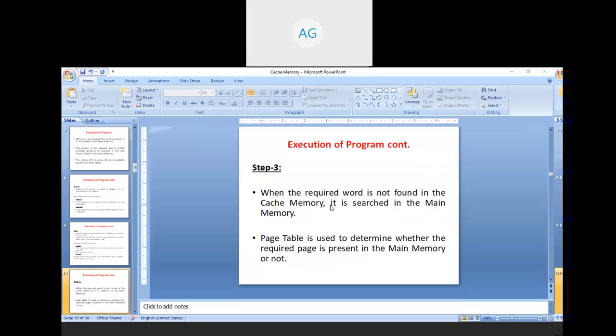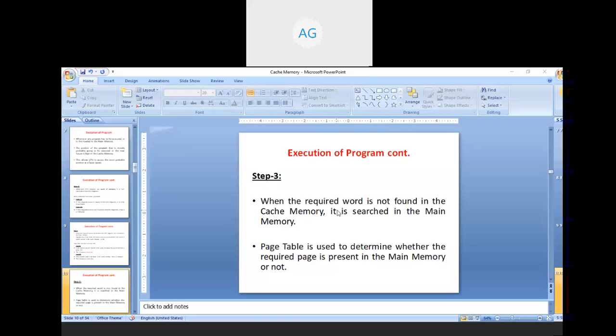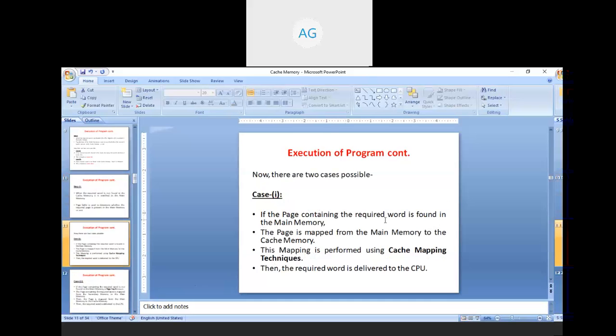At level 2, in the main memory, a page table concept exists. Here also we need to search whether the word exists in the main memory or not. So here also two possibilities arise. In the first possibility, if we find that word in the main memory, then that word is transferred from the main memory to the cache memory, and this mapping technique is known as the cache mapping technique.